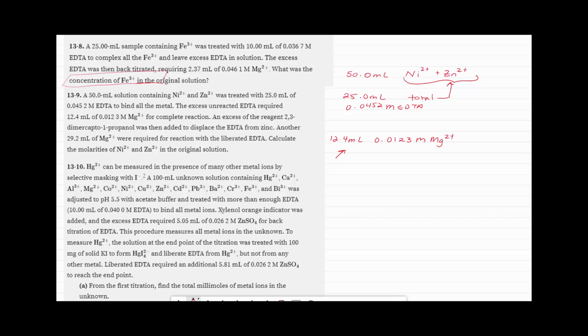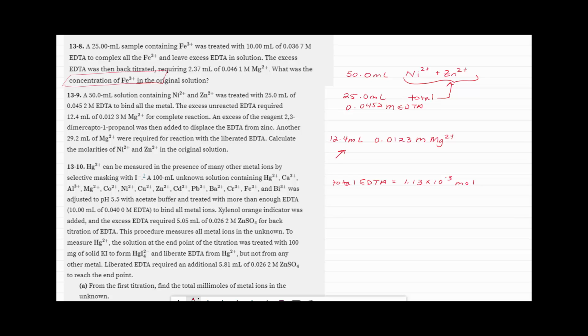So let's calculate our total moles, 0.025 times 0.0452. So total EDTA added is going to be 1.13 times 10 to the negative third moles of EDTA that in total were added to that solution.